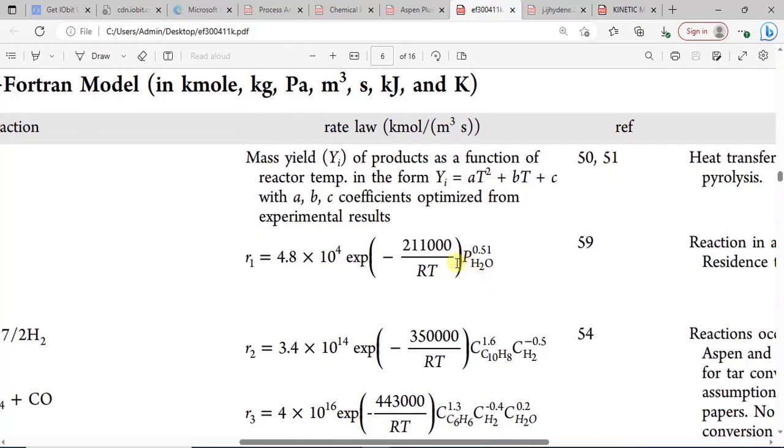Because you have P here, so P stands for partial pressure. Here you have C, so I guess the concentration basis is molar concentration. For the ones where you have C, the concentration basis is molar concentration, while for the one where you have P, you have the partial pressure.